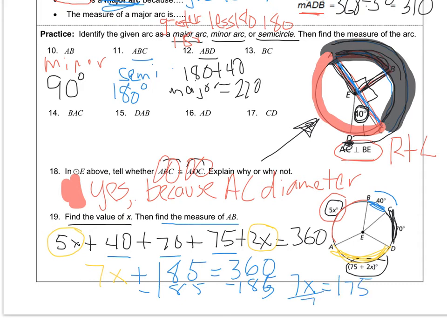And then I would divide by 7. And what you find is that x equals what? 25. So you just found the first part of the problem. That was the first part of the problem, they wanted you to find what x is. So we've done that. So the last thing that they want you to do is they wanted you to find what AB equals. Well, where is AB?